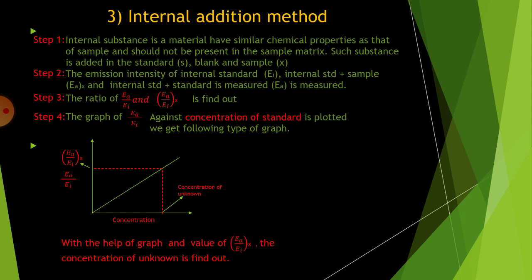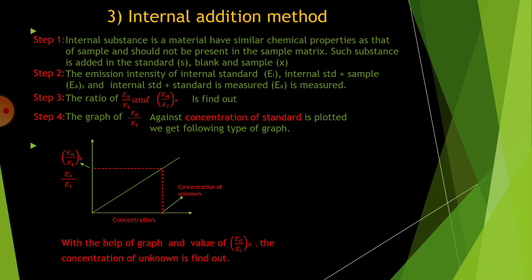Standard is shown by S and sample is shown by X. Now the emission intensity of the internal standard, EI, then internal standard plus sample, that is EIX, and internal standard plus standard, EA, is measured. Now step three is very important. The ratio of EA to EI and EA to EIX is found out.